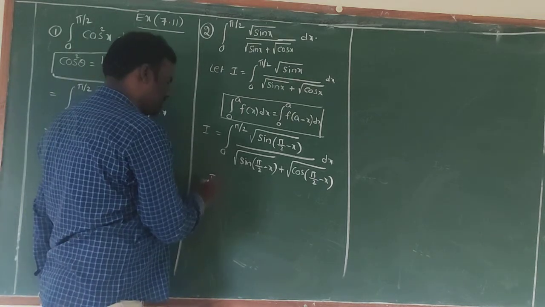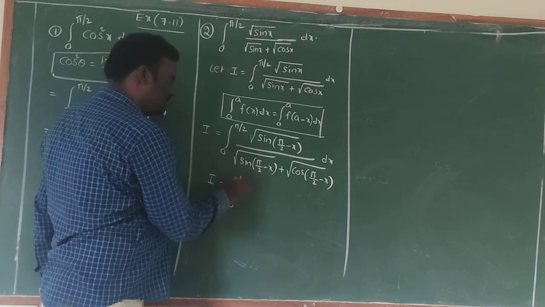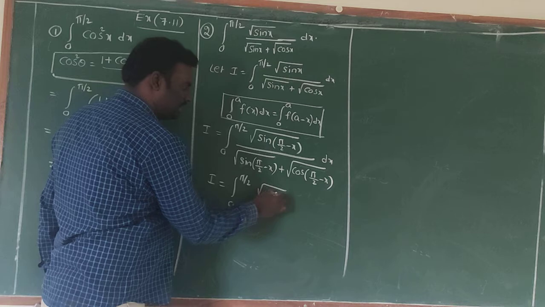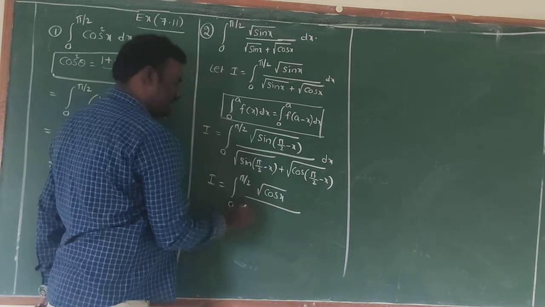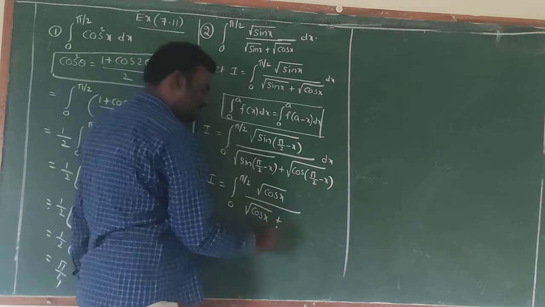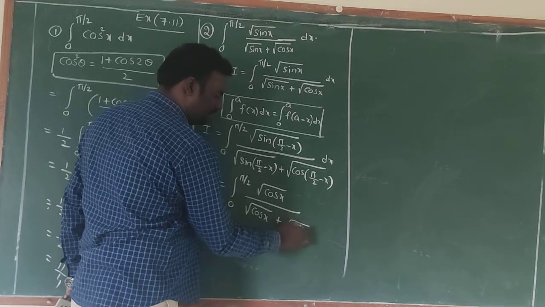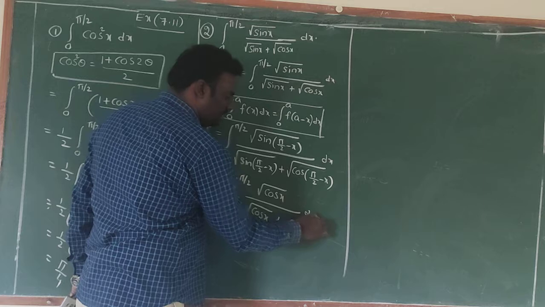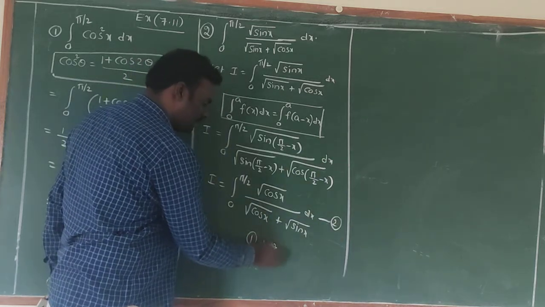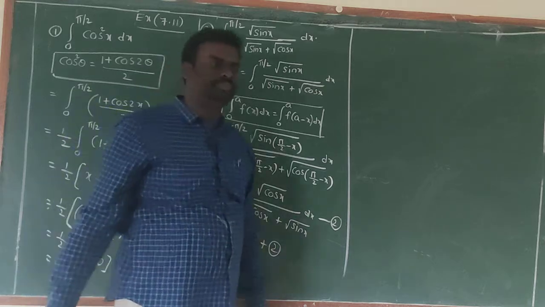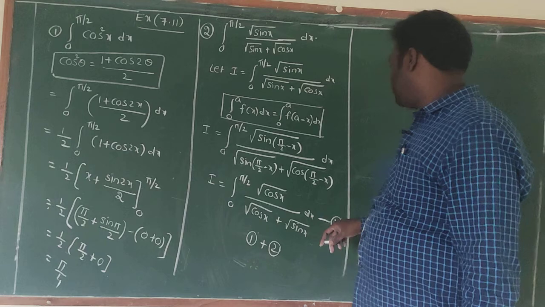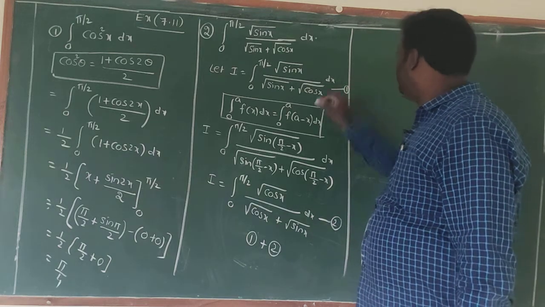Then I equals the integral from 0 to pi by 2 of sin (90 minus theta) is cos theta, sin (90 minus theta) is cos theta, cos (90 minus theta) is sin theta. This is equation 2. Now I am adding 1 and 2. This is equation 1.